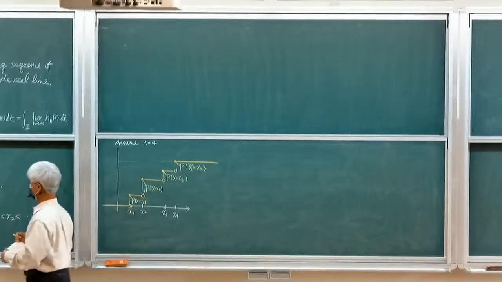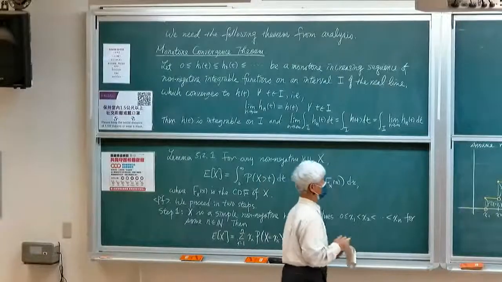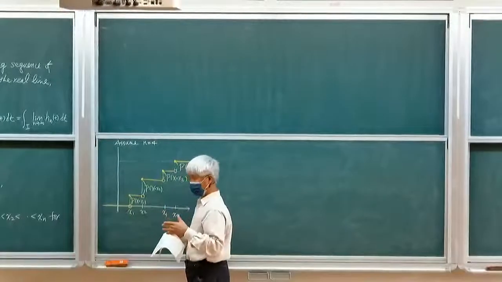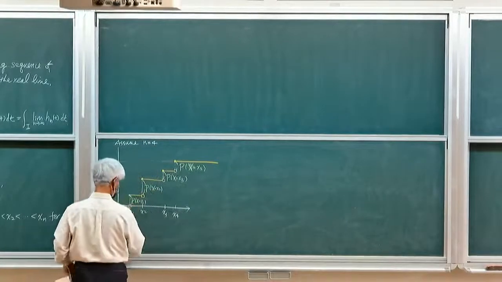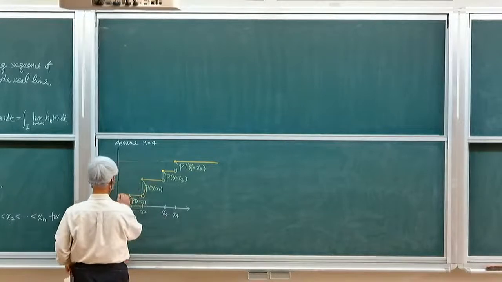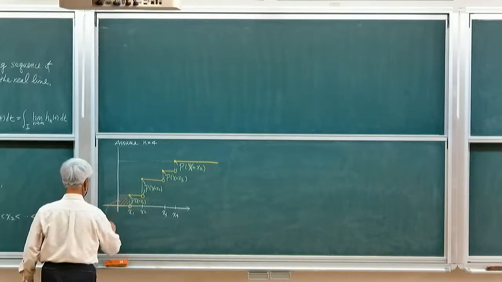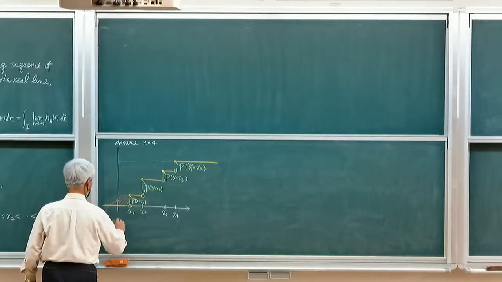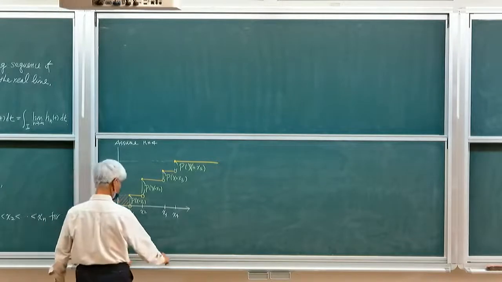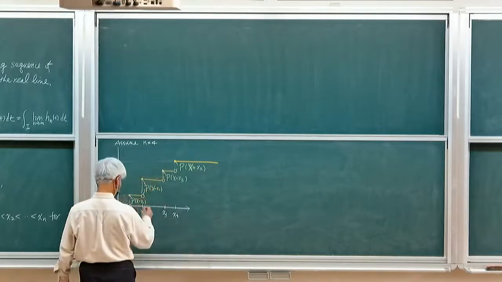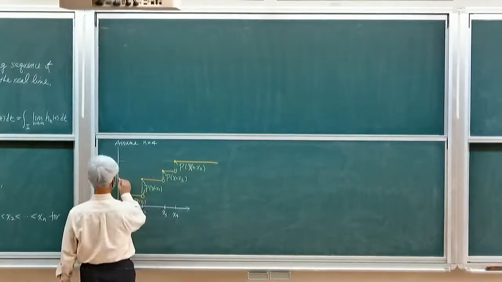If we think about x_i as the length and the jump as the width, then this area is x1 times the probability that capital X equals x1, and this part.